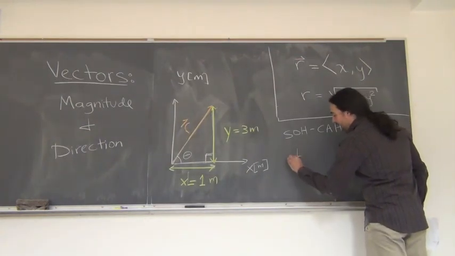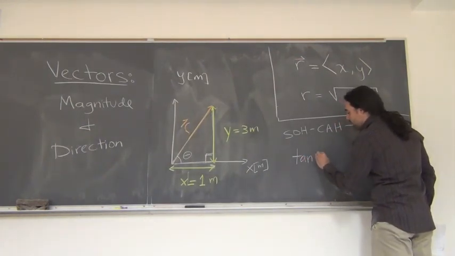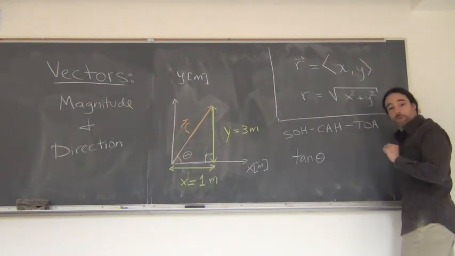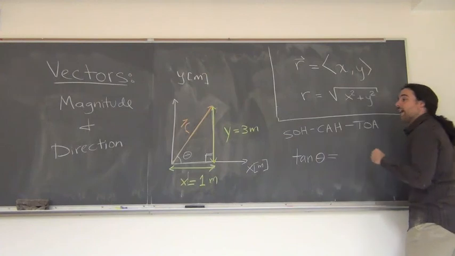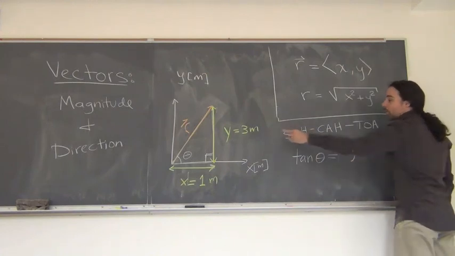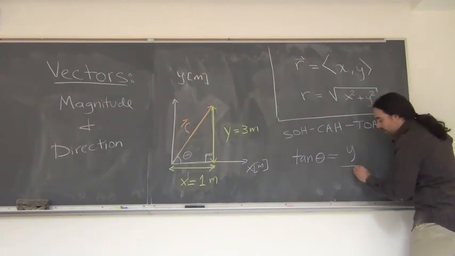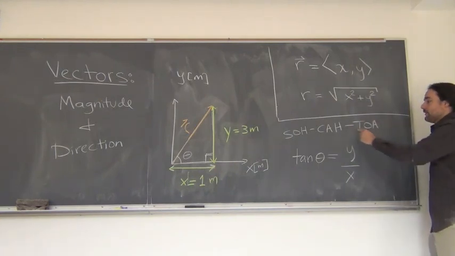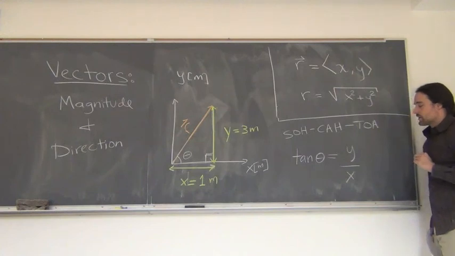So we would say that the tangent of that angle, the tangent of theta, the angle that tells me my direction for the vector, is equal to the opposite side, which we said was y, divided by x, the adjacent side. Tangent is opposite over adjacent.